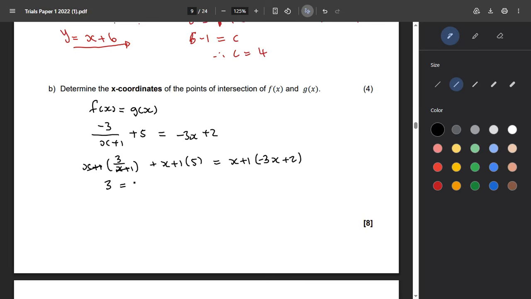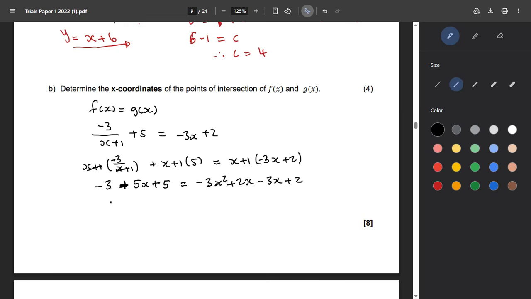Then multiply out the bracket by 5, that's 5x plus 5, so -3 plus 5 is plus 2. This equals, let's first multiply out the bracket by x, that will be -3x squared plus 2x. Now let's multiply by 1, that's -3x plus 2.